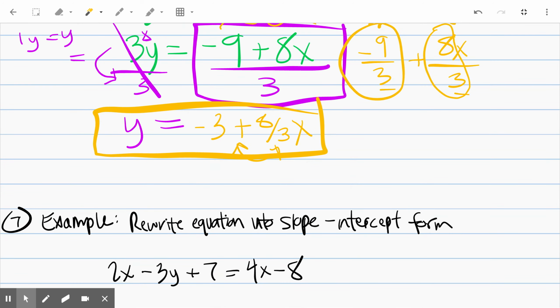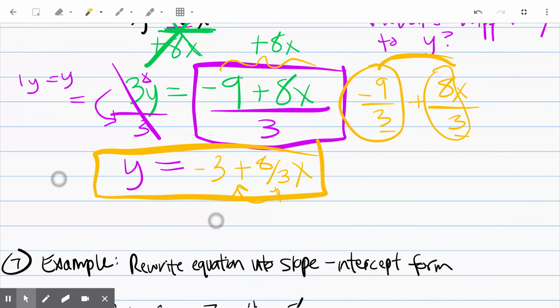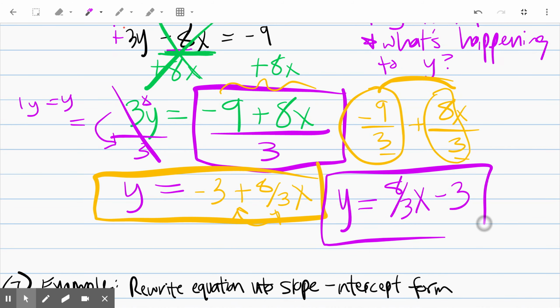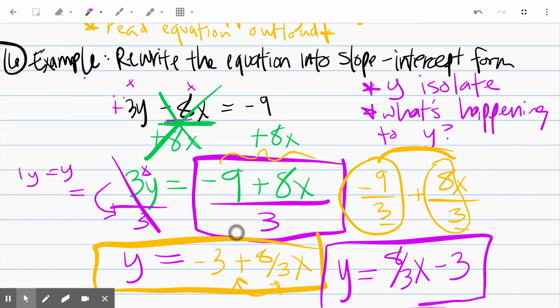So because we can rearrange what we're adding and it won't make a difference, mathematical rules, I can also write this equation as y equals 8/3 x minus 3, and there's our equation. So we rewrote this lovely mess into this beautiful slope-intercept form.